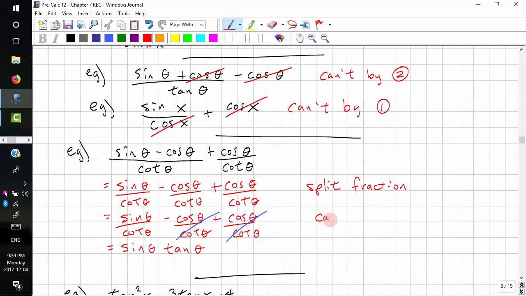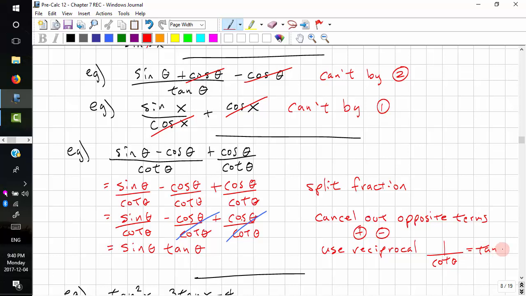So cancel out opposite terms, plus and minus, and use reciprocal. 1 over cotangent theta equals tan theta.